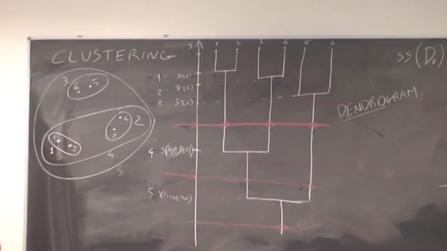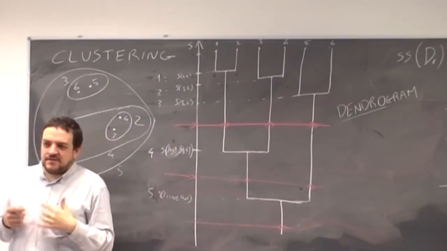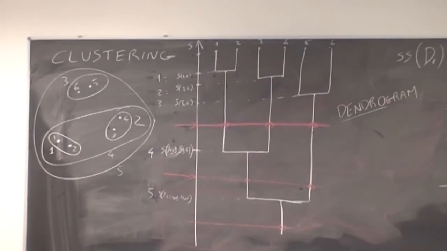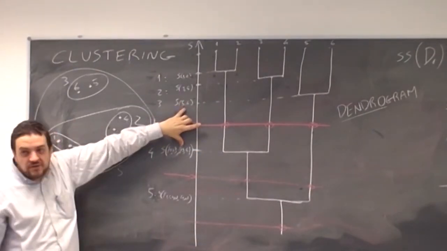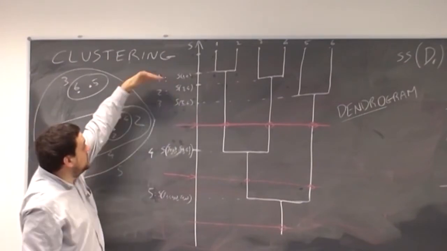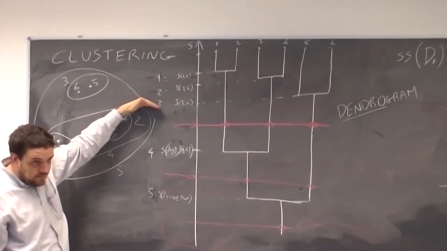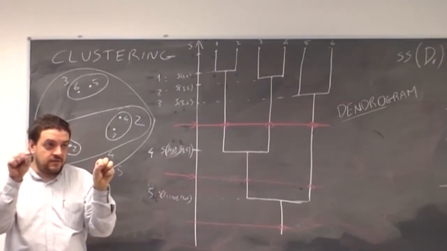So, in a sense, you can see that the best candidate for clustering in this case is what happens in the middle of this large step. Okay, you see that up to level 3 you were merging things that were close together.